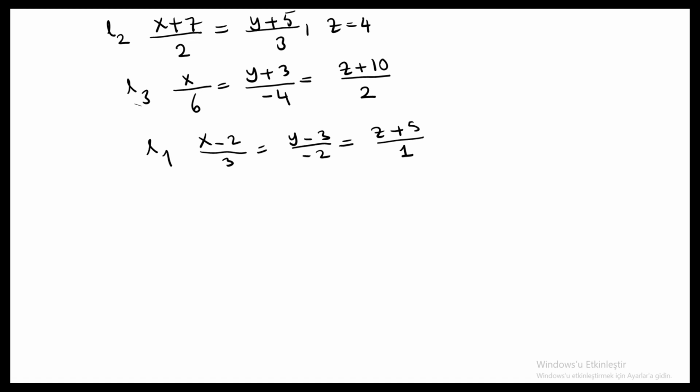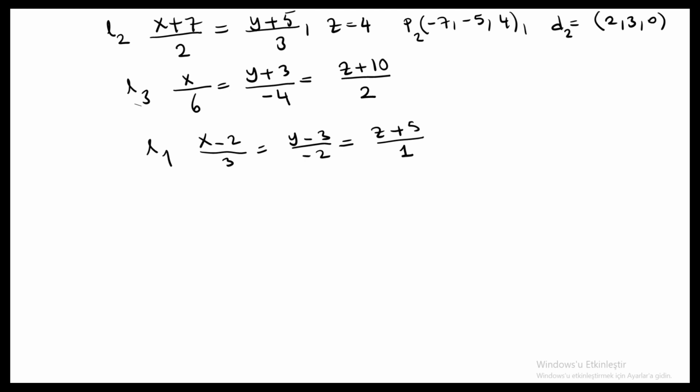So now let me write the points and the direction vectors. The point here is negative 7, negative 5, and 4. And direction is, let's say D2. Direction vector is 2, 3, and 0, because there is no z minus 4 over 0, so I write a 0.